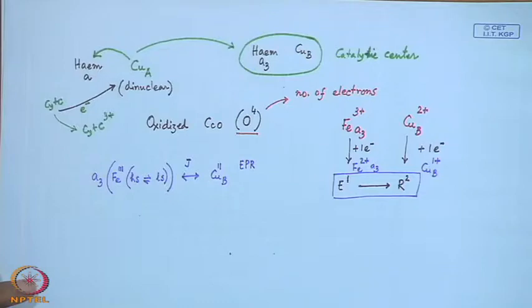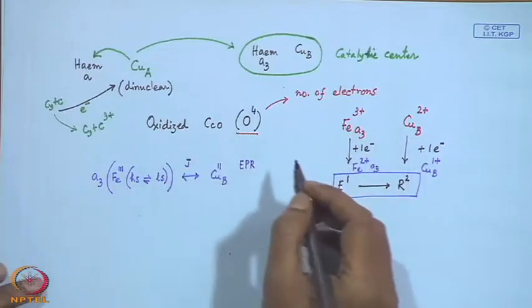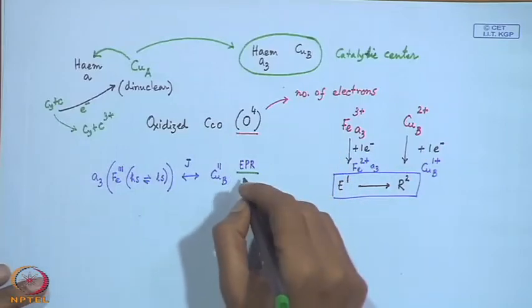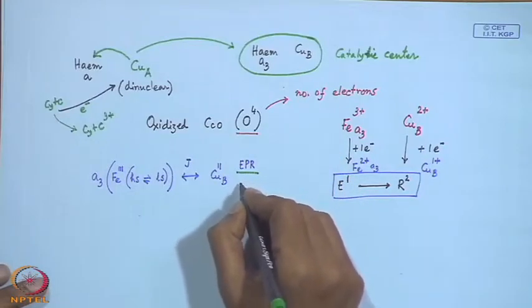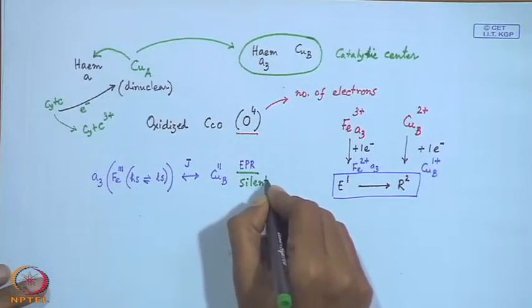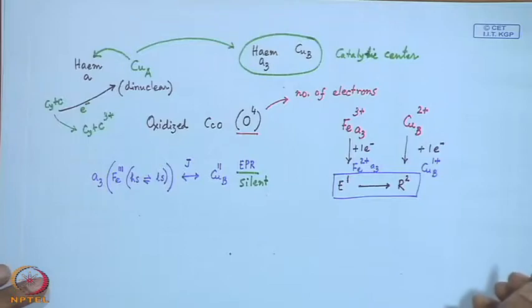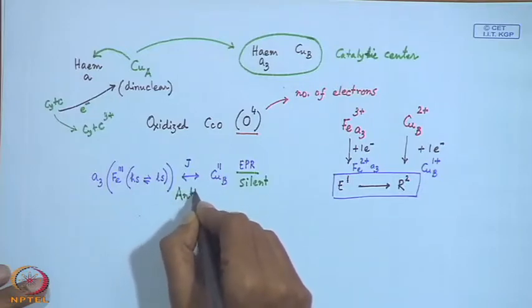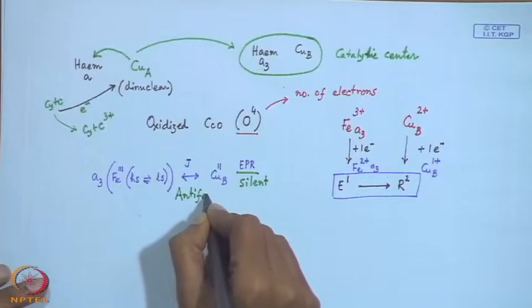And if it is a paramagnetic one, we are just nullifying some of these paramagnetic species, and sometimes we get that it is EPR silent, we do not get any corresponding EPR signal. That means this is strongly coupled and the coupling is strongly anti-ferromagnetic.